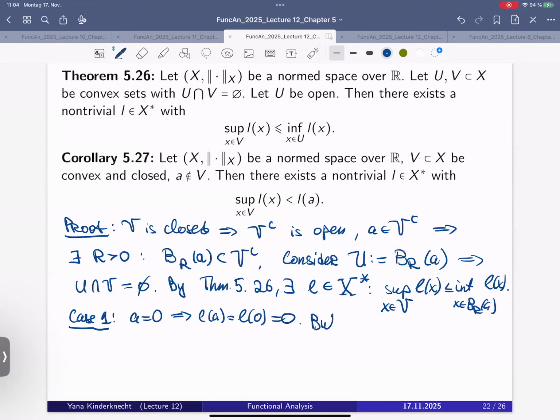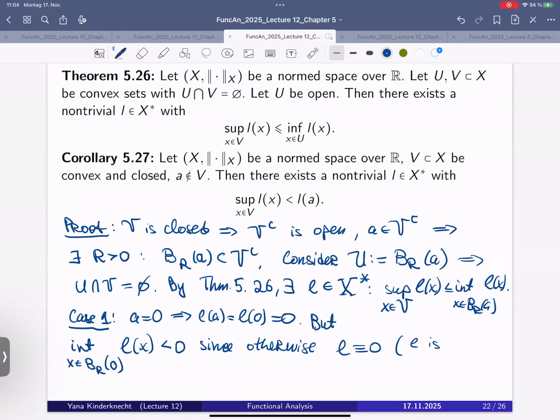But the infimum over all x in this open ball B_R of A, now A is 0, should be smaller than 0, since otherwise L is identically zero. Why is it so?